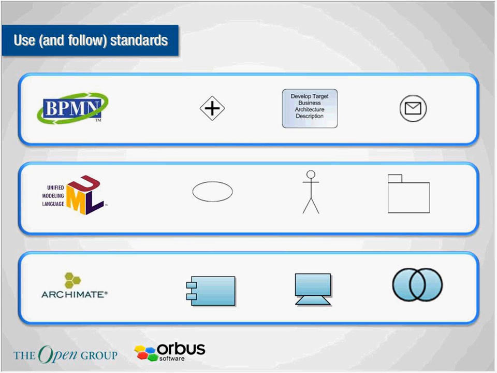The notation standards that exist: you have BPMN, you have UML, you have SysML. We're big fans of the ArchiMate notation here at Orbis. Use them, follow them, because they present a fair amount of IP, a fair amount of thought that's gone into thinking how to represent individual items in an intuitive manner.